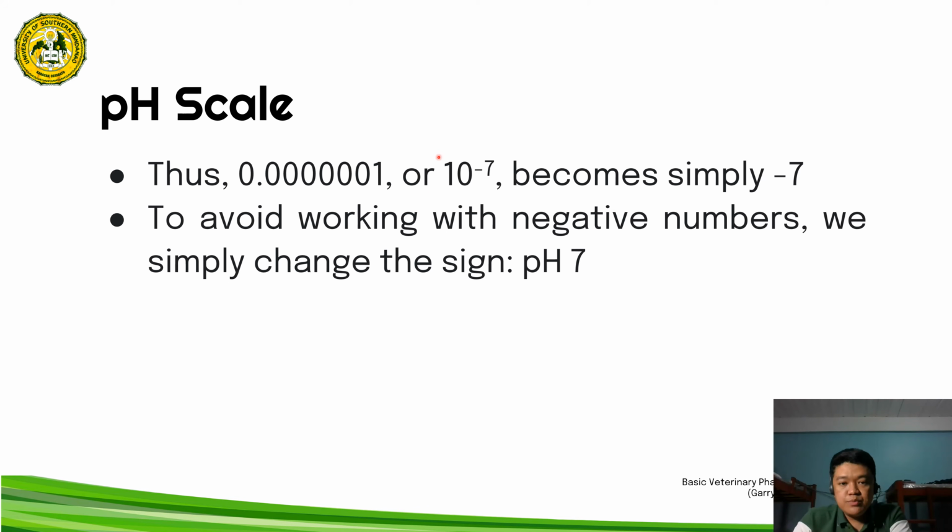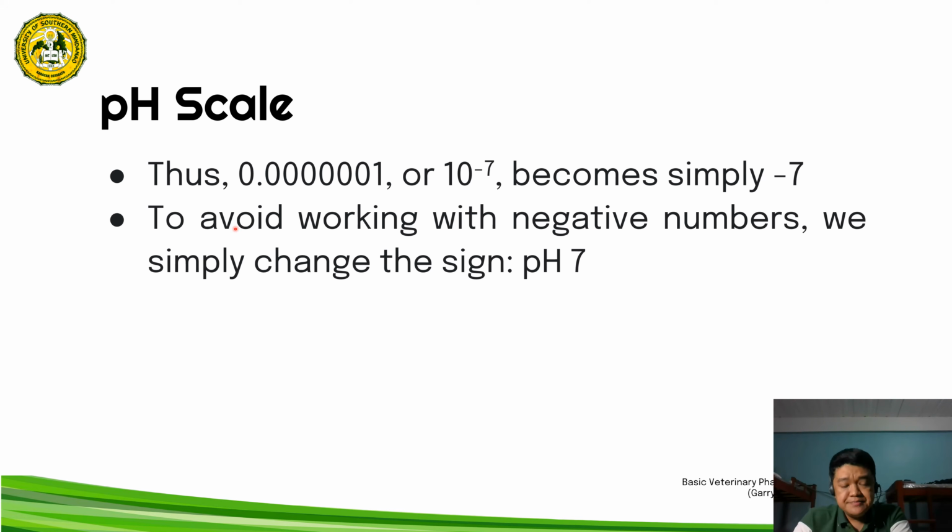This would mean that we need to divide 1 seven times in order to get this particular number. So this is a very small number. That is why scientists have decided to use the number 7 instead.